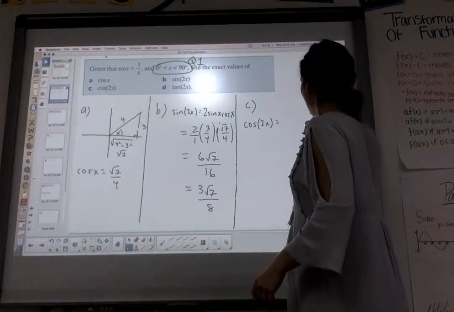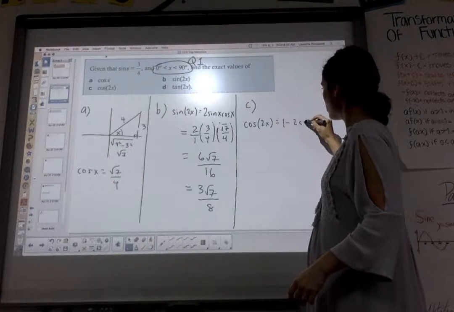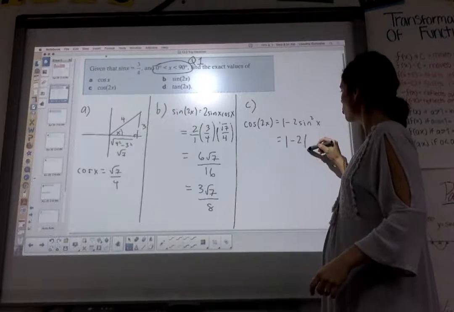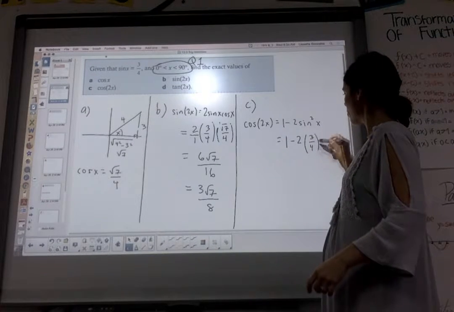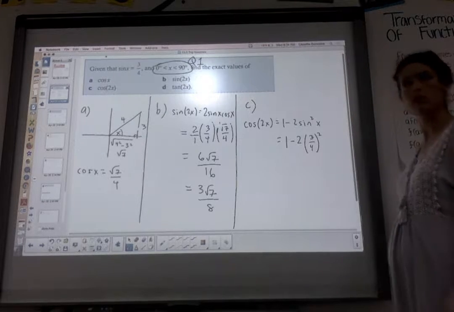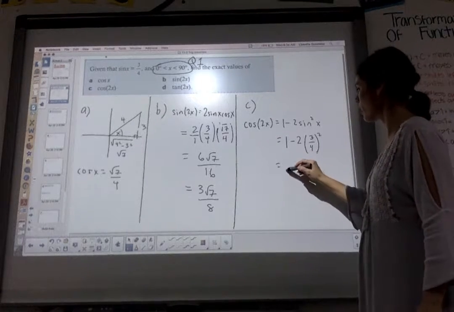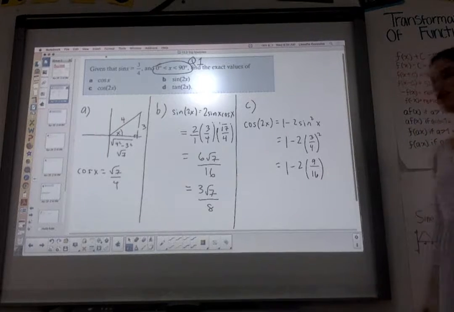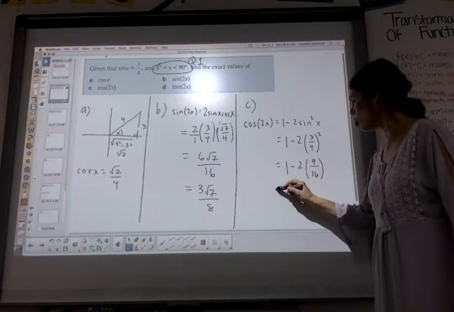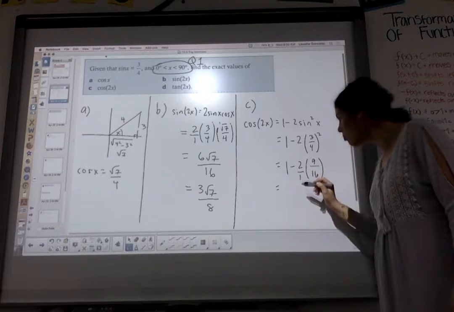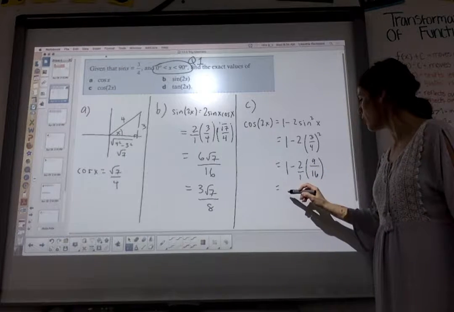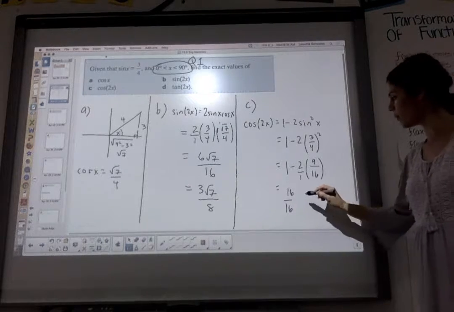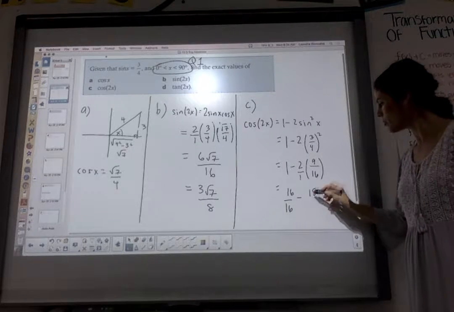What was it? 1 minus 2 sine squared? So 1 minus 2 times 3/4 squared. 3/4 squared is 9 over 16. I'm going to write 1 already as 16 over 16, minus 18 over 16.